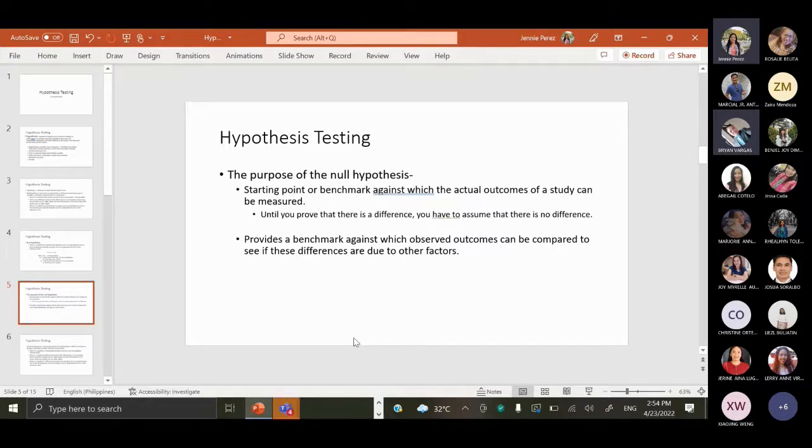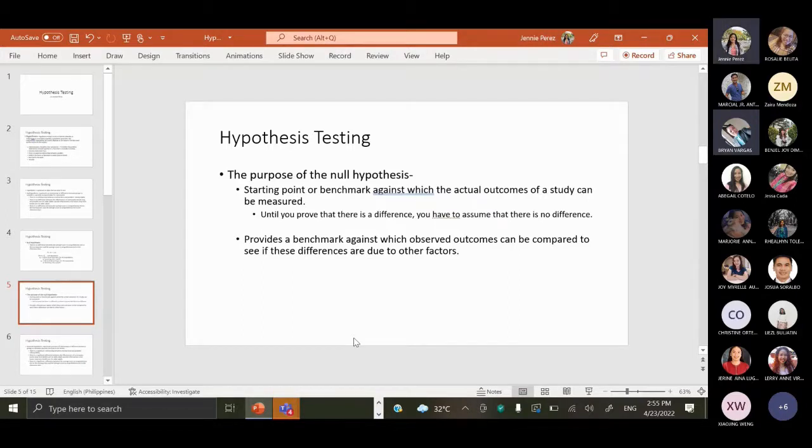Okay, you can only reject a null hypothesis or fail to reject the null hypothesis. You can never really directly prove your alternative hypothesis. You can only reject a null hypothesis or fail to reject the null hypothesis, which means it can be true, but you are not totally sure.